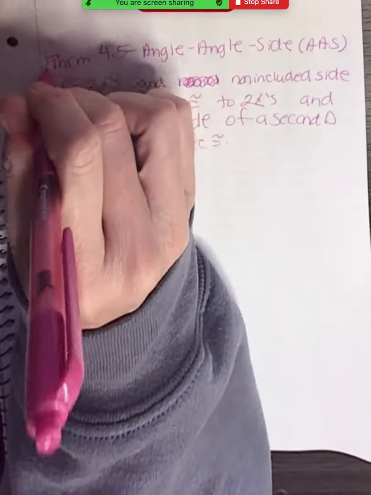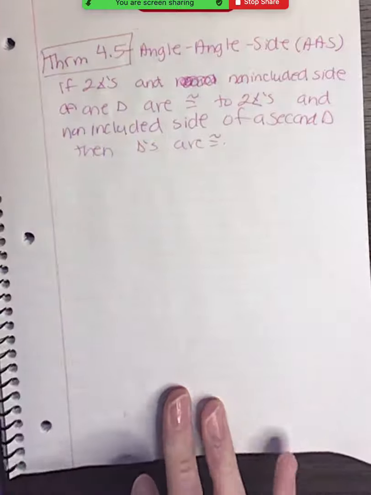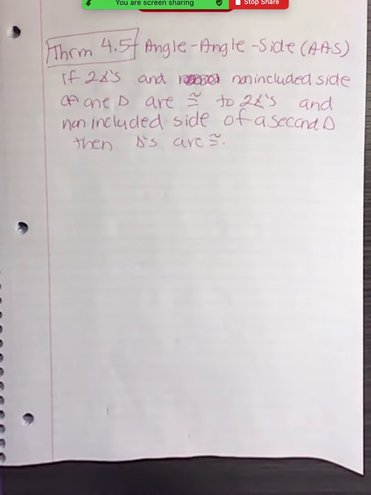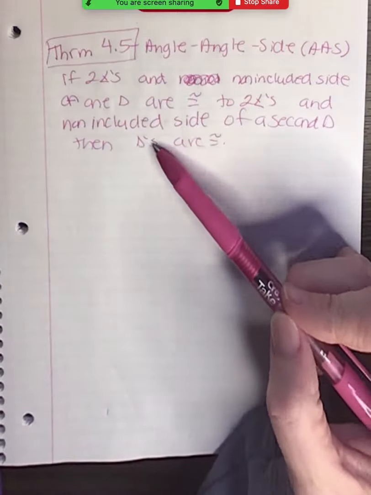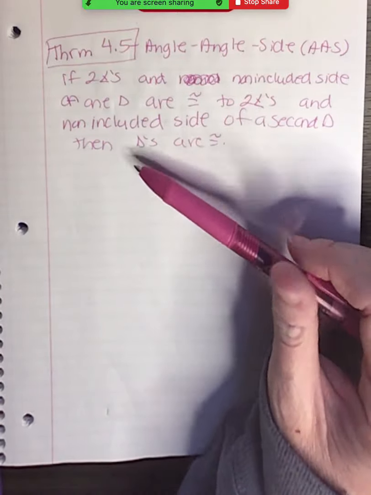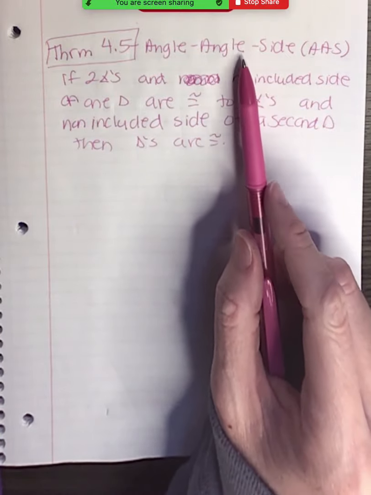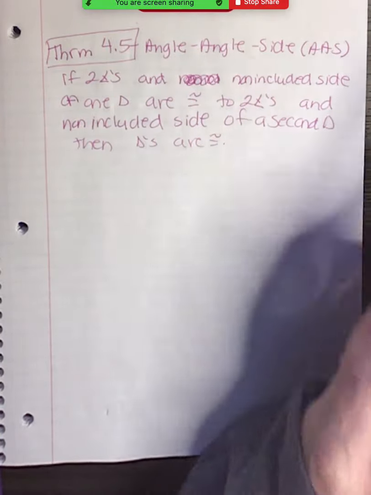So basically between these two theorems, if you have two angles and a side, you can show your triangles are congruent. It's just a matter of where that side is, which reason you use. If it's in between the two angles, you use angle, side, angle. If it's not, you use angle, angle, side.